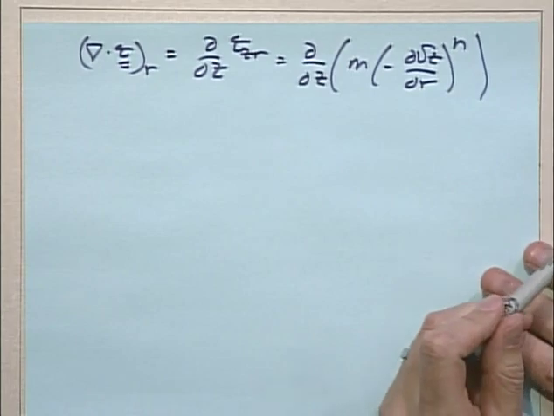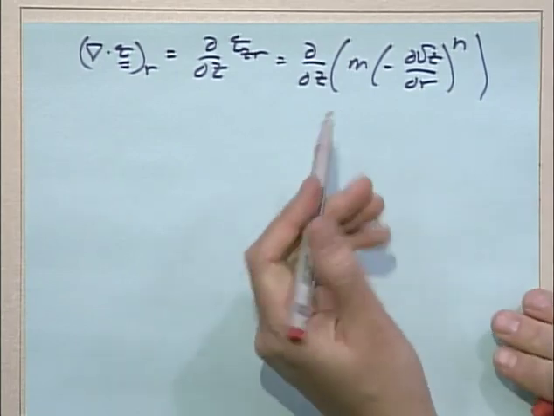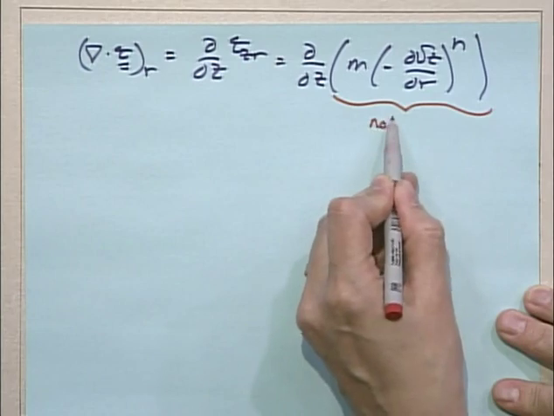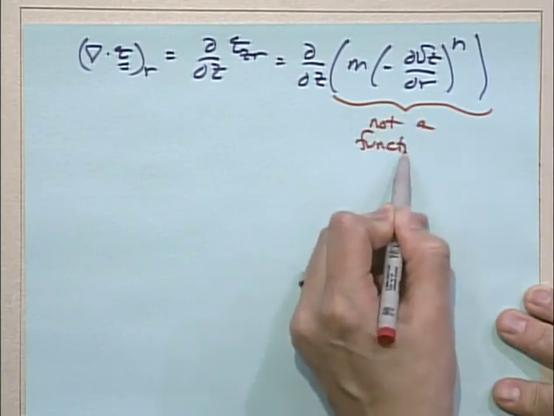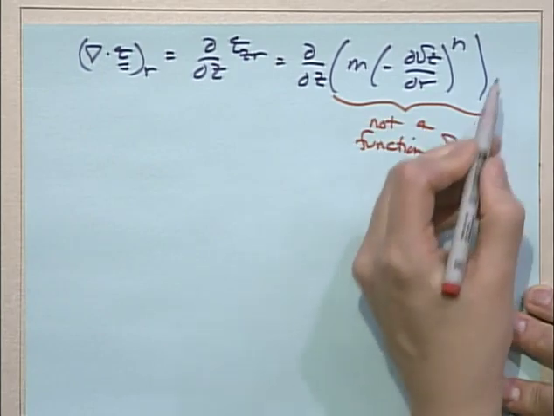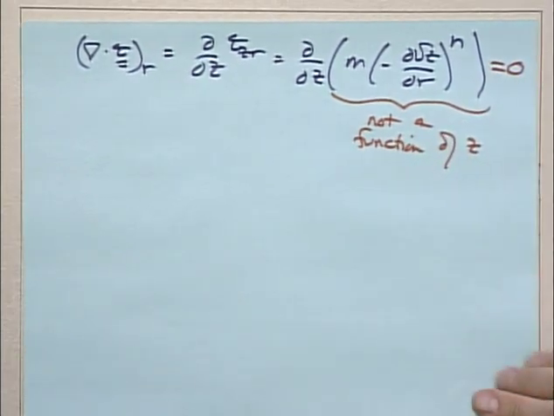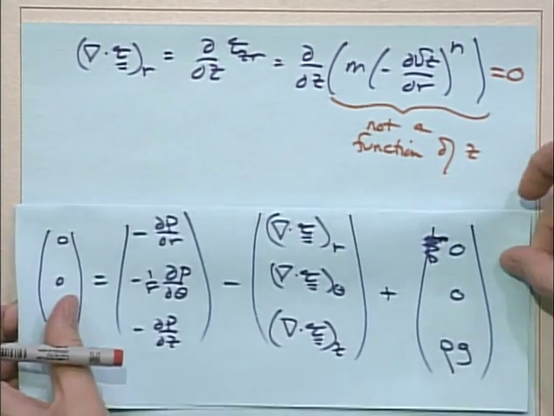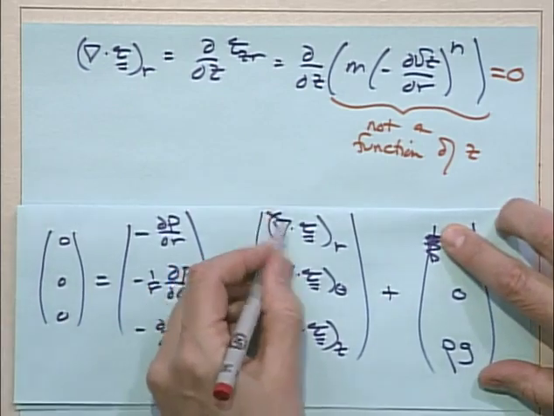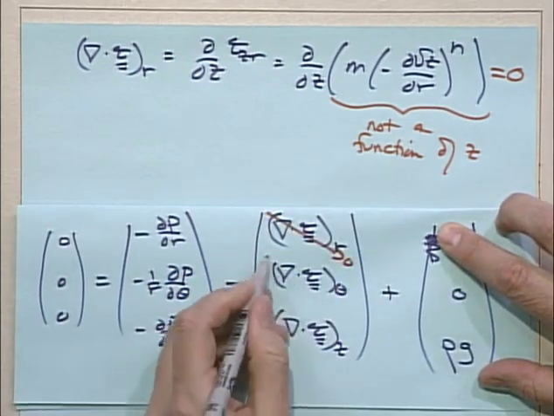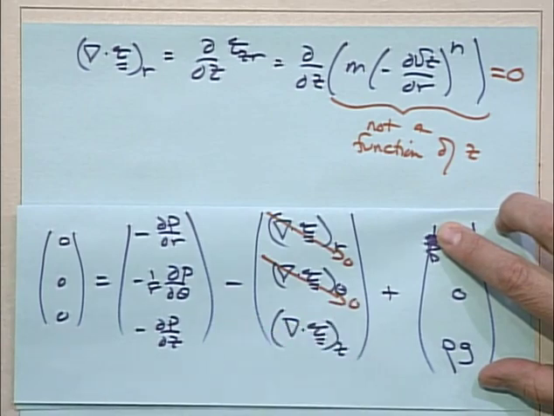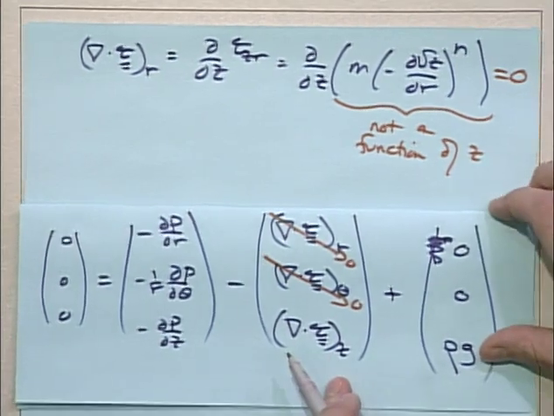So this whole thing goes out as well. So that means if we go back to here, this is 0. This was 0 because of all of our previous calculations, and we're left with just the last one, del dot tau z component.